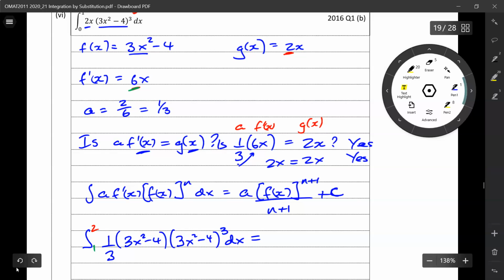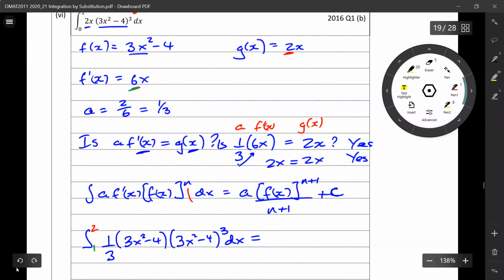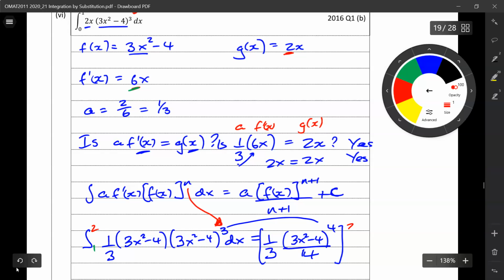So n is equal to 3 in this particular case. So when we go to apply our rule, a is 1/3, f of x is 3x squared minus 4. But our power was 3, and we raise it by 1 to 4, and we divide by the raised power. And that goes from our upper limit, which is 2, to our lower limit.